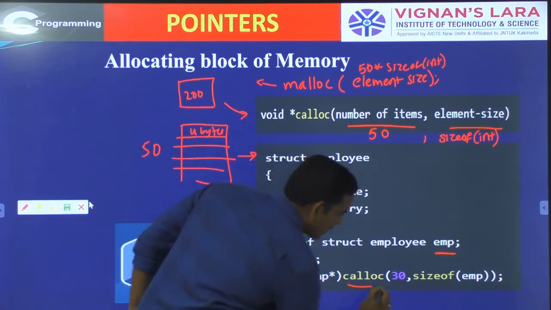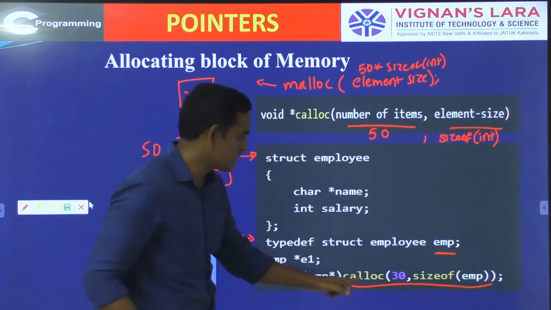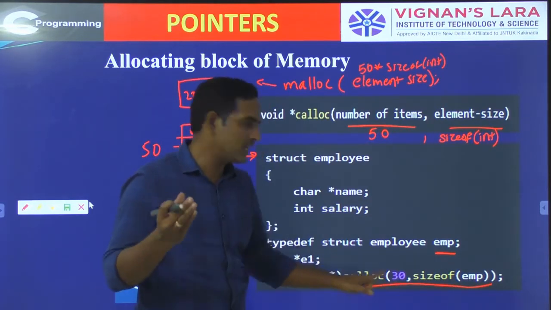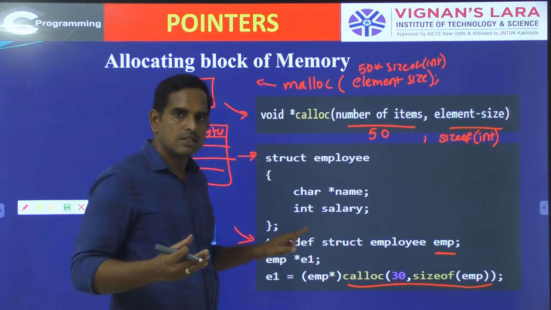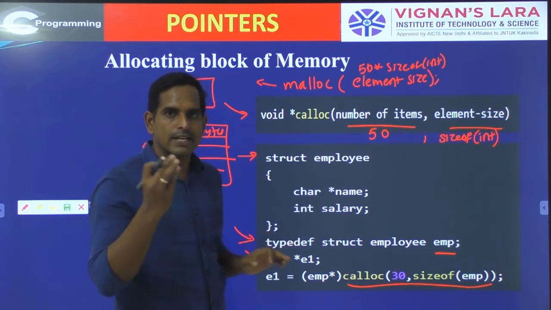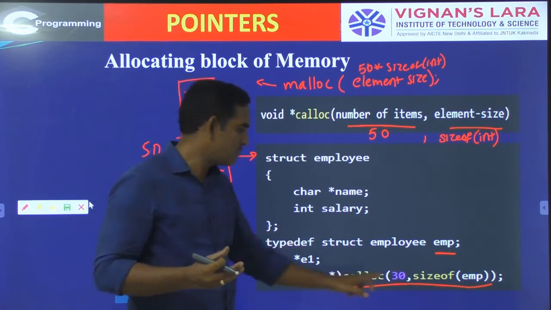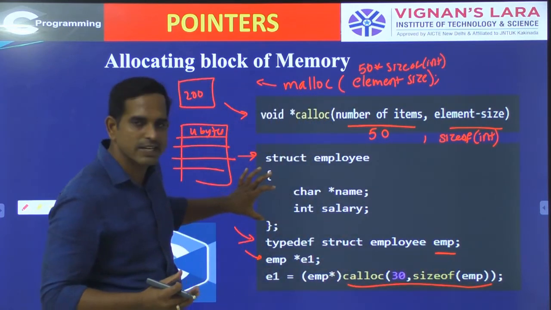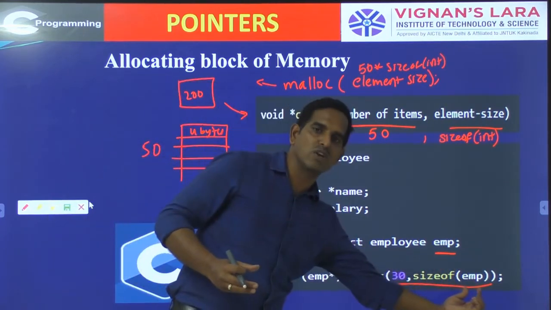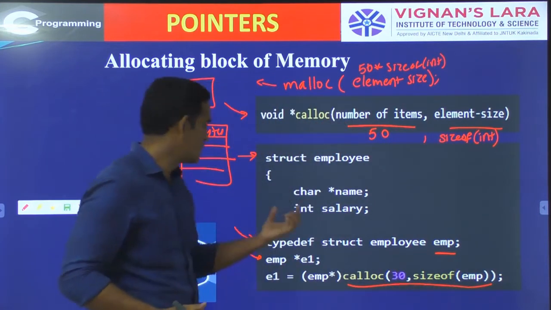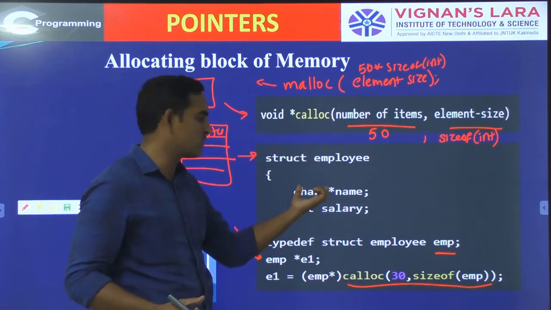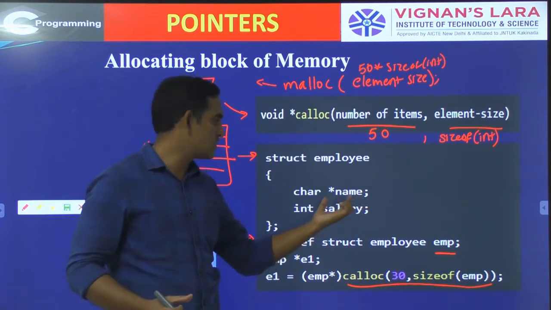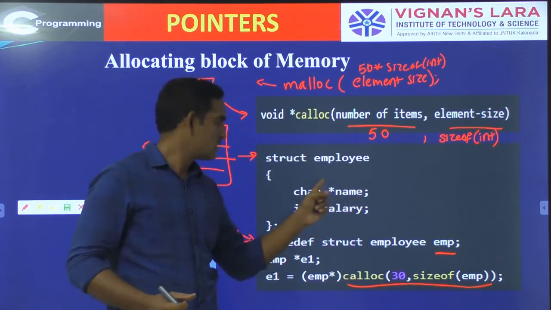So I am allocating with calloc 30 elements, that is, I want 30 employee objects' memory, with size of EMP, that is, whatever is the size of this particular structure will be taken here. You will be having 4 bytes for the salary and whatever will be the name of your structure, which is a variable thing.